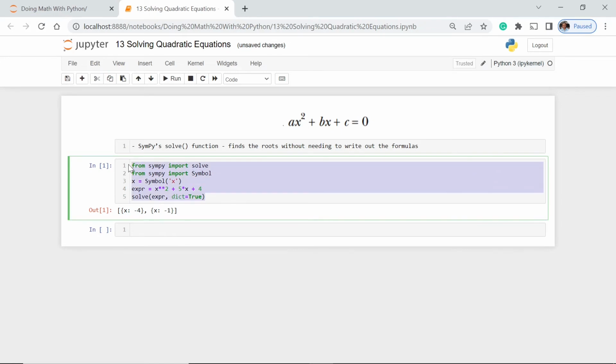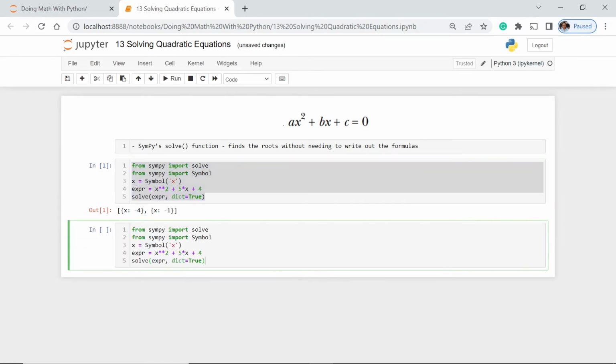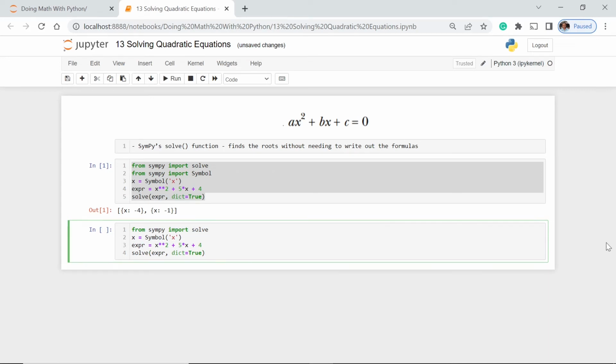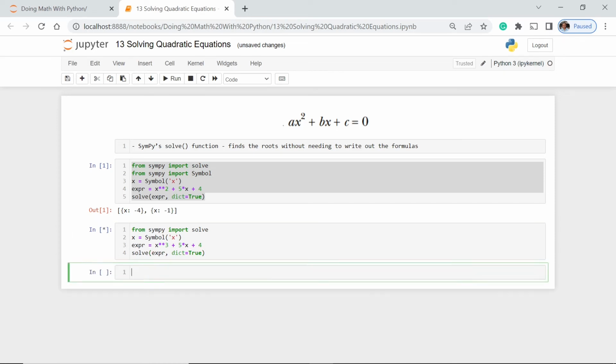So we're going to try other things. Let's just copy this one and try making some tweaks on this expression. We say we have x cubed in this case, just for example. Then how many roots would there be in this expression? Let's execute this.